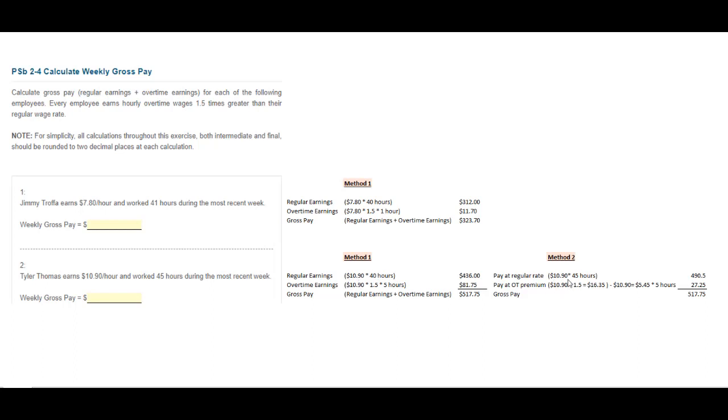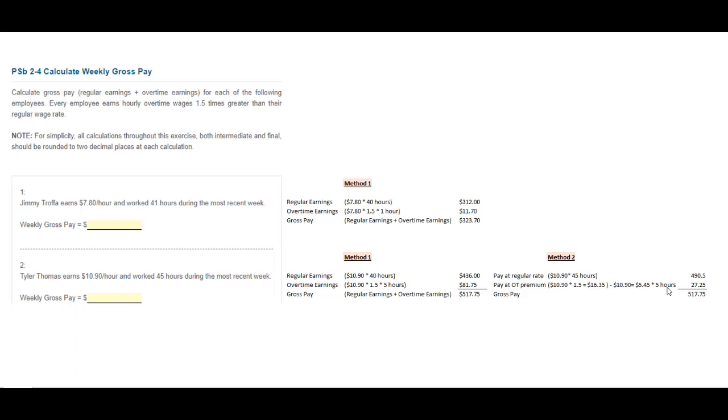Whereas here, $10.90, but we use 45 hours. And then here, it's 5 hours times the overtime rate. Here, in method 2, it's not the overtime rate, but it's the overtime premium. It's the amount of overtime paid that exceeds the regular pay, which is $5.45 times 5 hours of overtime.